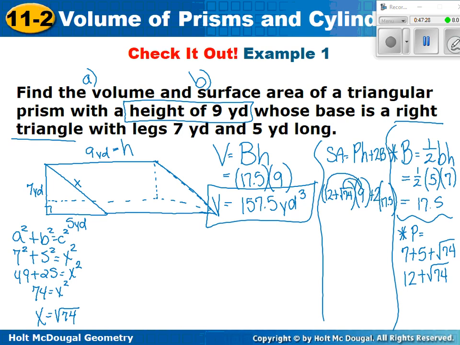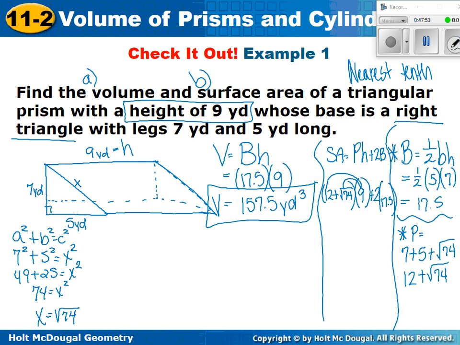It didn't say to round, but I'm not going to make this super difficult for you, so let's just type it in on our calculator and round to the nearest tenth, because that's what I'll ask you to do on the test anyway. So on your calculator, let's make sure you're typing this in correctly. You're going to do that 12 plus the square root of 74. If I were you, I would just type that in first and hit enter.